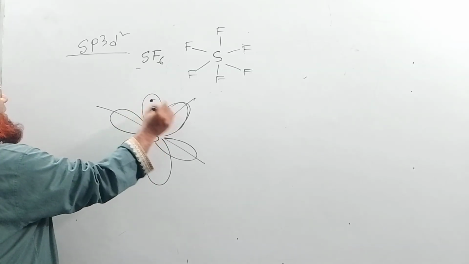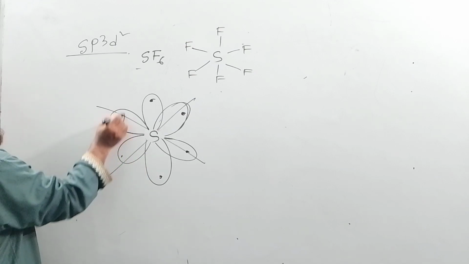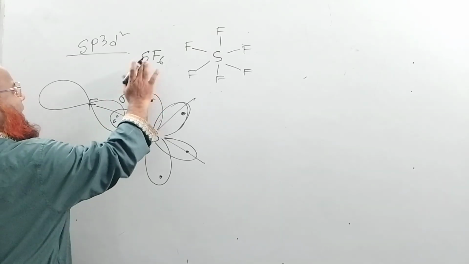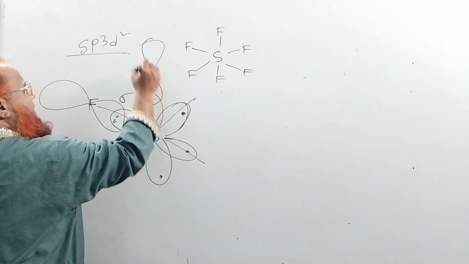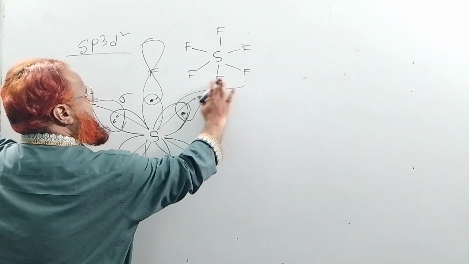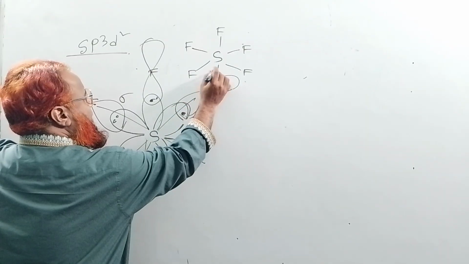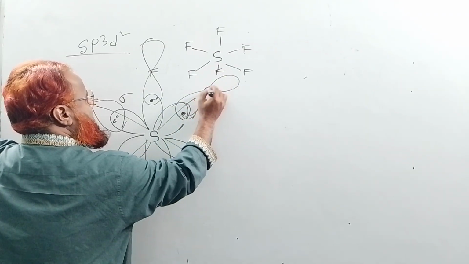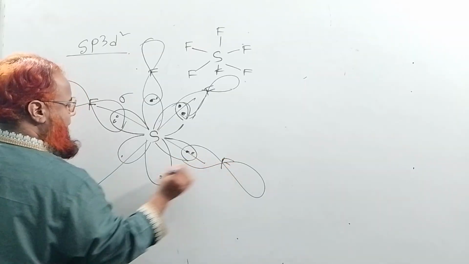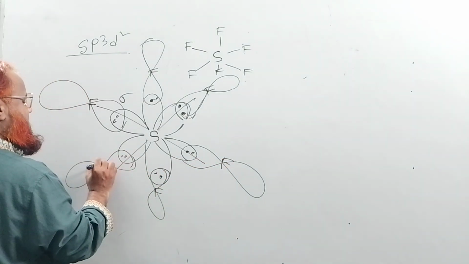Here the atom will be sulfur, having the unpaired electron in each hybrid orbital, and the fluorine atoms having the unpaired electron of the p orbitals will be head to head overlapped, here also head to head overlapped, and in all the other positions also head to head overlapped.